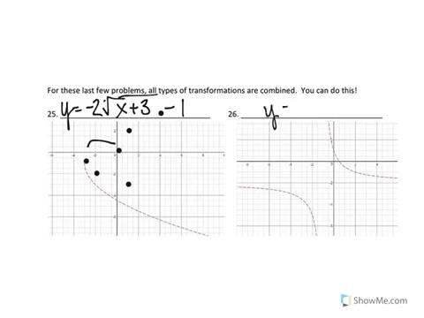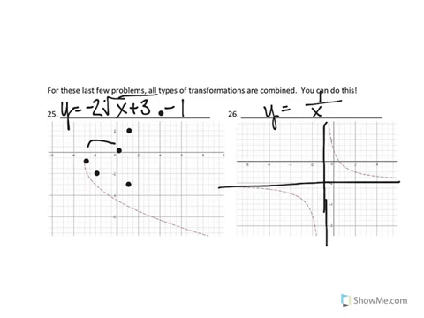The last one is an inverse function, and that has not been reflected. It has, however, shifted down. It has shifted down 2 units, and it has shifted right, it appears, about 1 unit. So, or left 1 unit, excuse me.